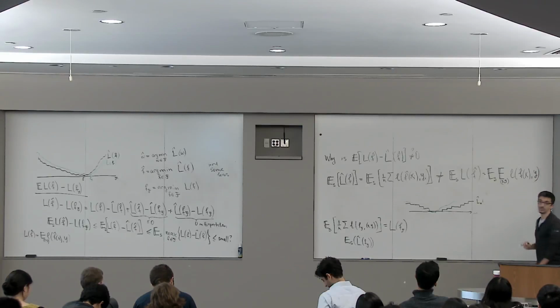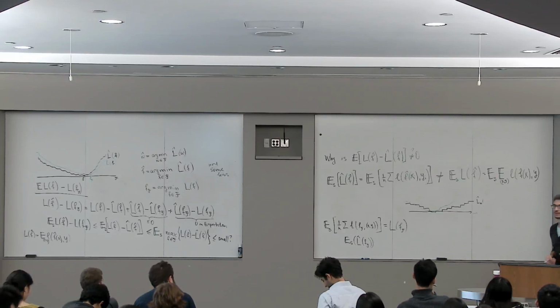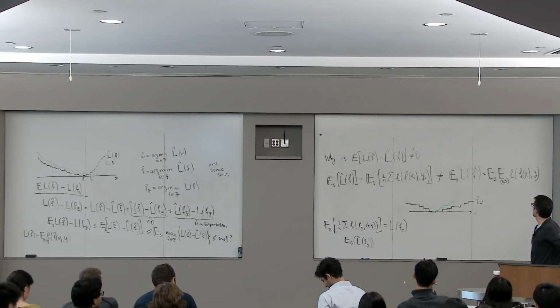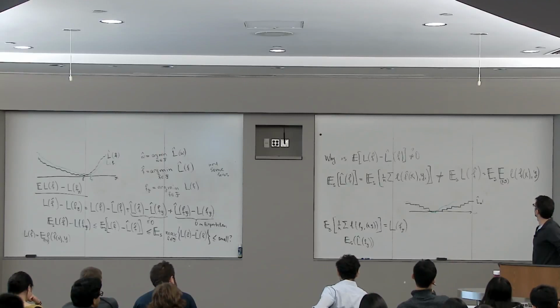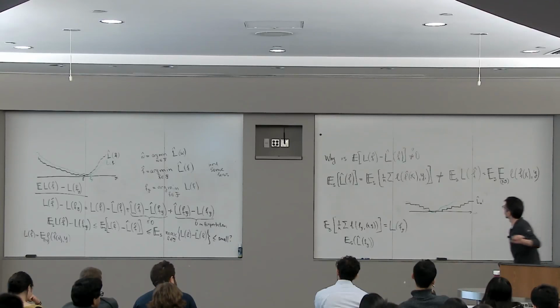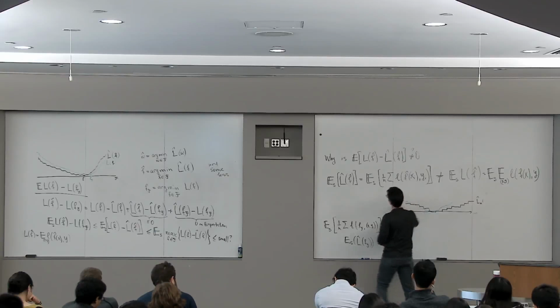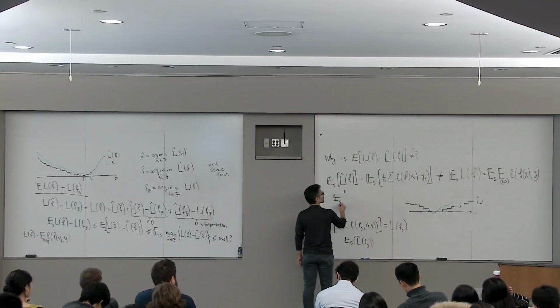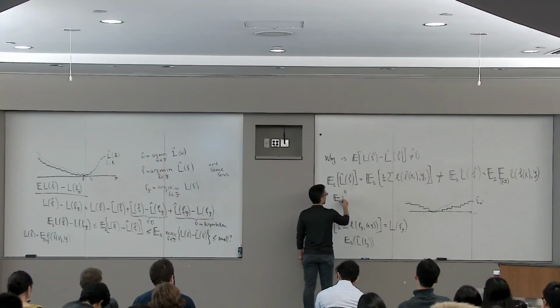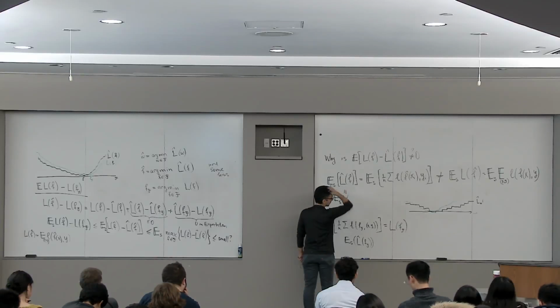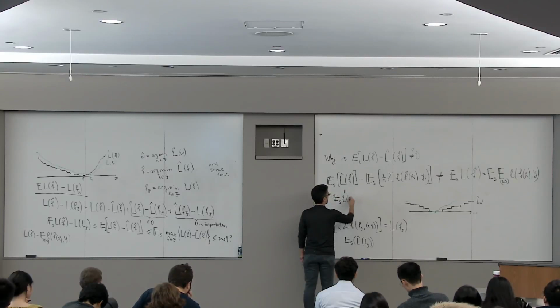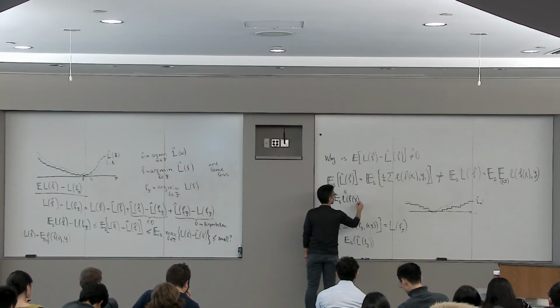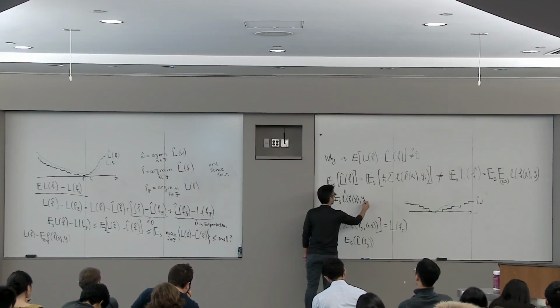Right, that's what it would be. That's a good point. Sorry, we're not writing it down. Right. So what we can do is we can say that this guy is equal to the expectation over S of L of f hat of x_i, y_i.